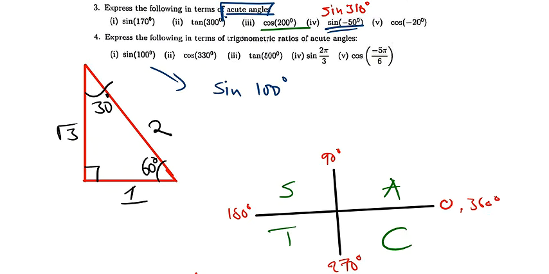So when you're talking about 100, where is it? Is it in the first, second? We can say that it's in the second quadrant because it's between 90 and what? 180. So when you've got an angle in the second quadrant, to find the reference angle or the acute angle, subtract from 180. So it's going to be sine of 180 minus 100. So 180 minus 100 is what? That's 80.